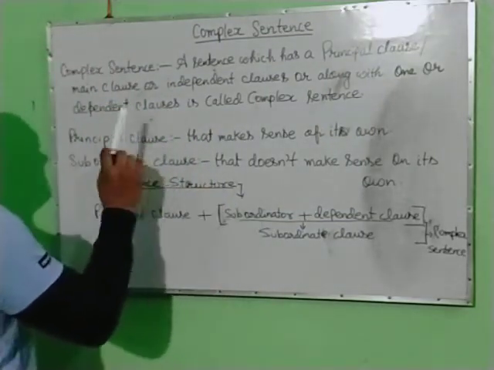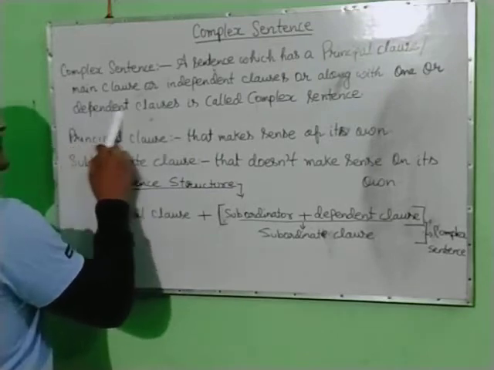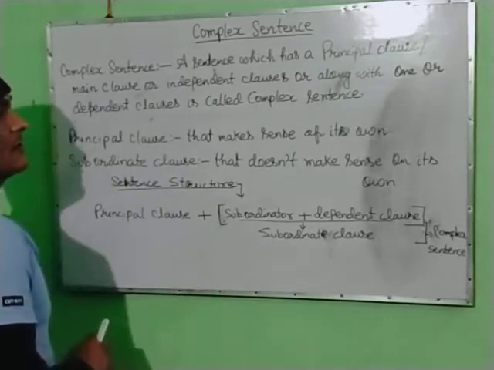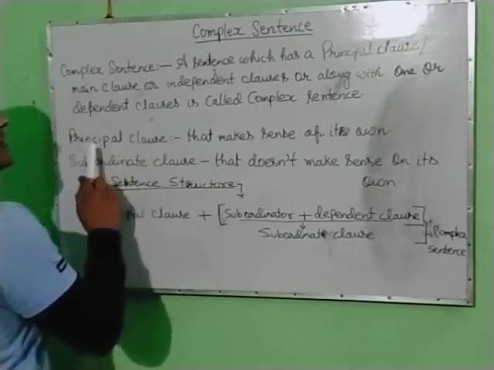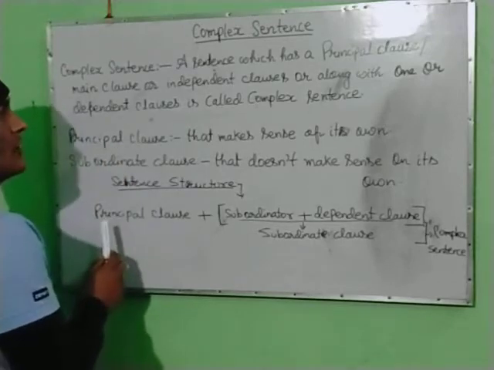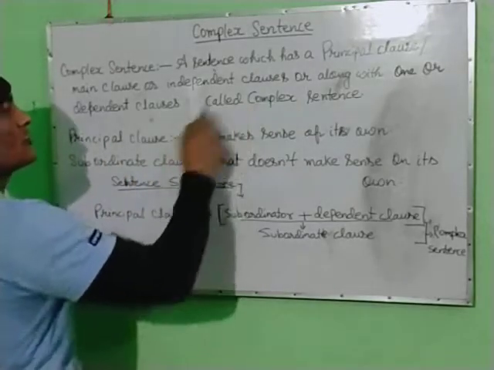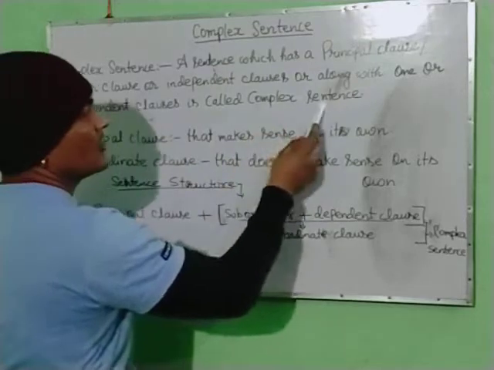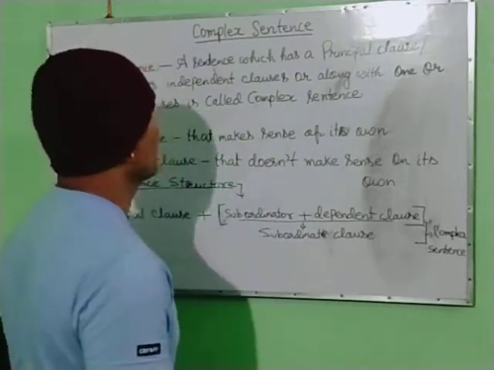So that sentence we will call dependent clause. तो उस clauses को हम लोग क्या बोलते हैं, dependent clause. और ये दोनों clauses को मिलकर हम लोग इसको complex sentence कहते हैं.